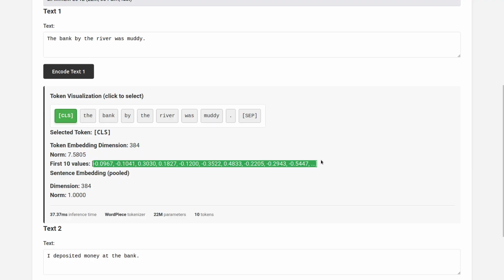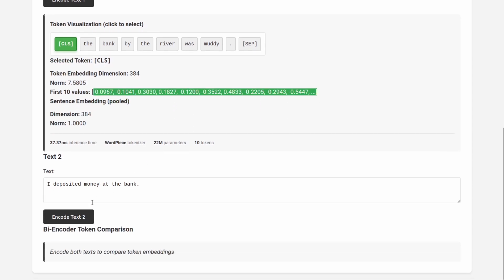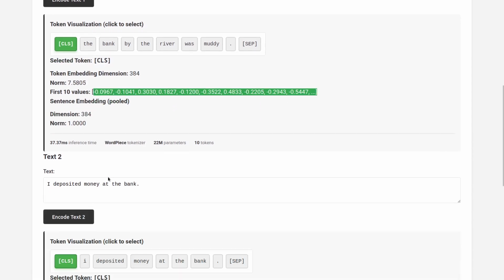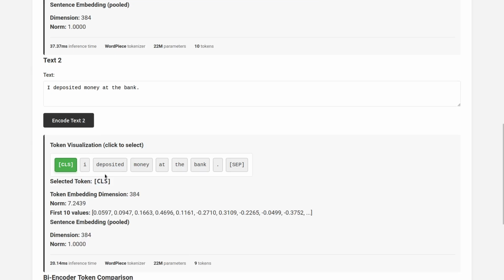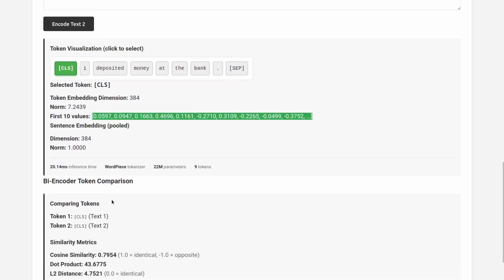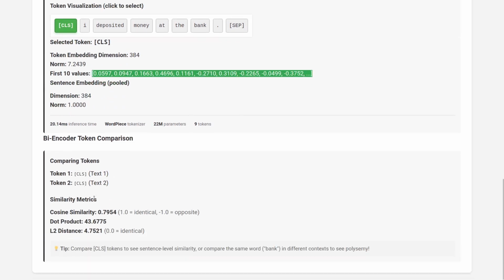And there they are, well, the first few of them. Now we can have a look at this other text. This demo is only set up for two, but this process just encodes one piece of text independently. You can encode any number of them and put them in a database. And now we can compare the two.